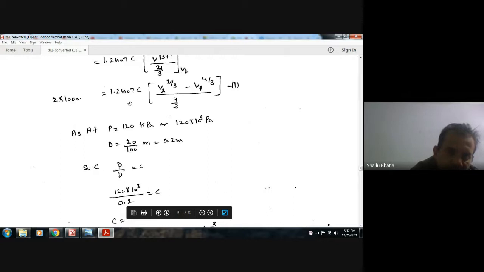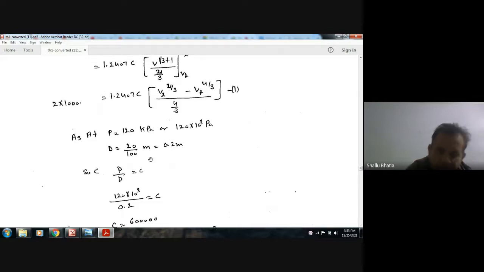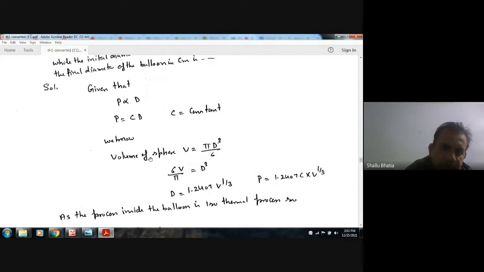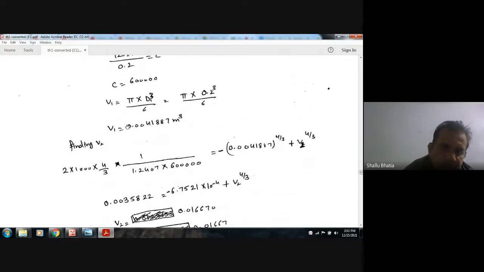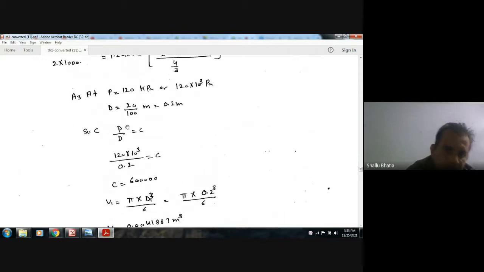Now we have this equation. When P is 120 kPa and the diameter is 0.2, C will be P by D, because this is the constant. So putting this value in P by D, we can get C.